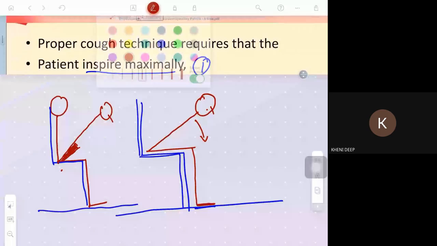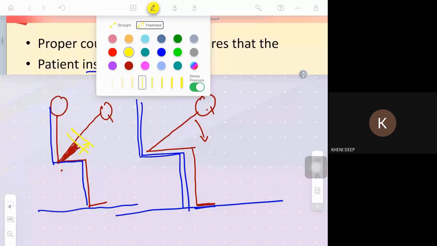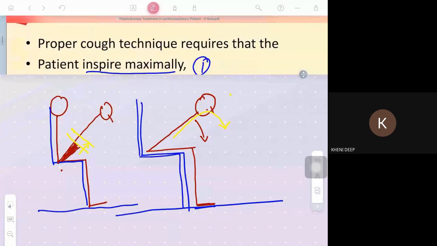I think you are following what I am saying. This is the imagined diaphragm. When the patient is bending forward, the abdominal content will push the diaphragm up. Clear? So that the expiration will be maximum. If the patient is sitting straight, the diaphragm is not raised.